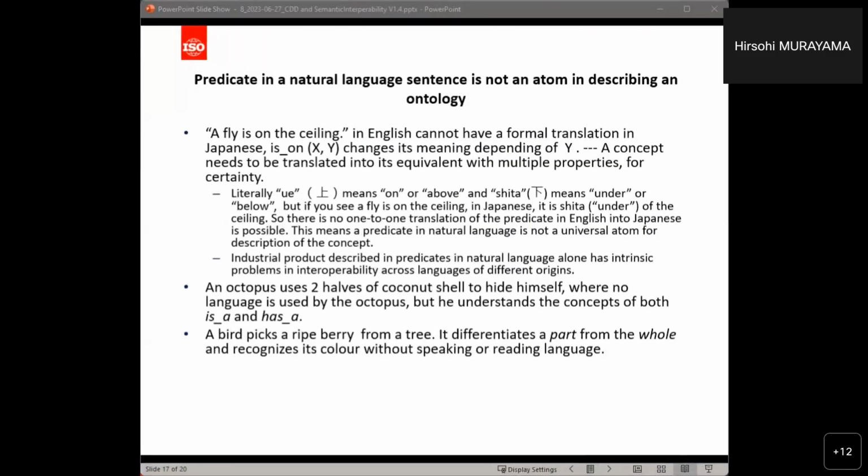One of the problems with the semantics is that sometimes meaning depends on the terms. What I mean to say is that "a fly is on the ceiling" in English can be translated into European languages. But "on" is used here as a function, and in the precise sense, there is no "on" counterpart in Japanese.